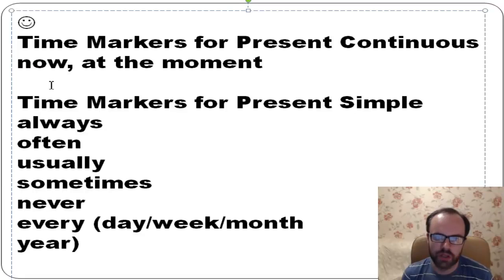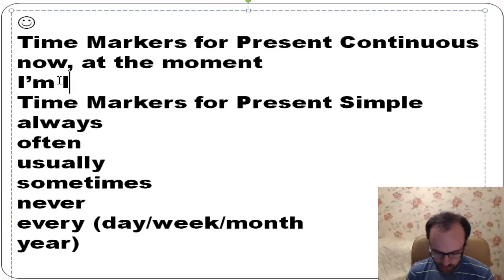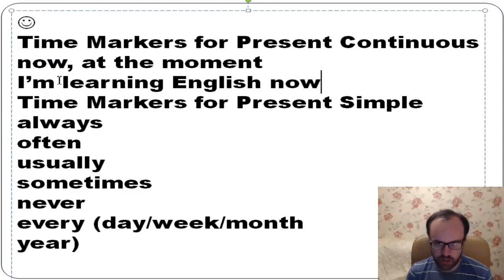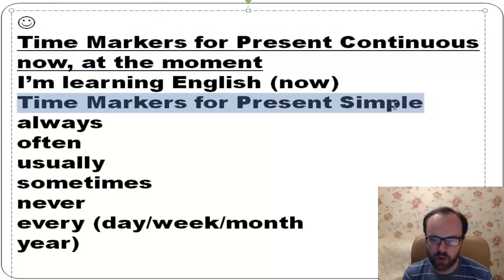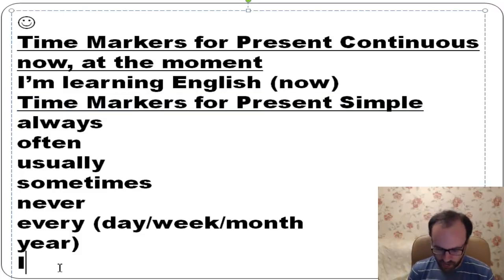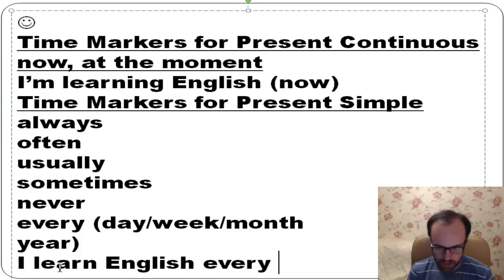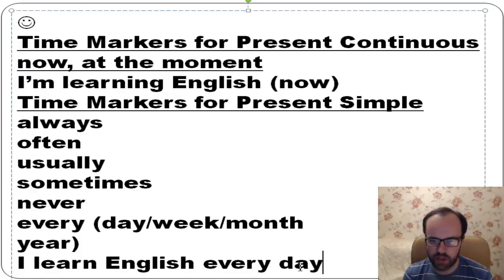So you can say I'm learning English now. So you can say it with now or without now. And time markers for present simple. You can say I learn English every day.